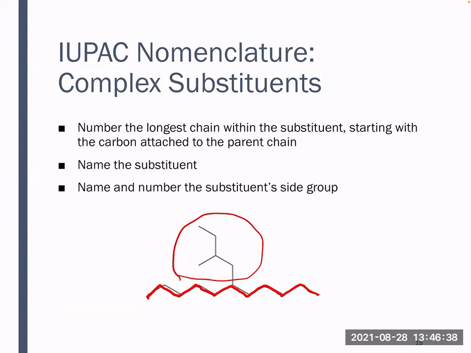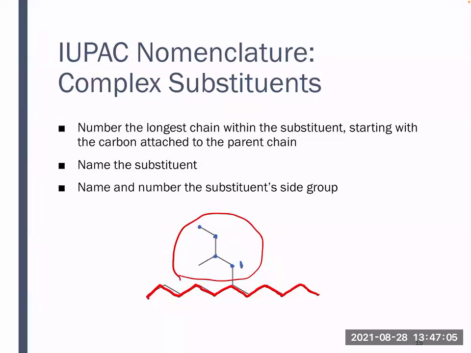try to name it. So what you do is you name and number the substituent side group. So let me show you what I mean. We have to number this, and we're going to look at the substituent and again, find the parent chain of the substituent. So here, that's these 4 carbons, right? And what you need to do is you need to number that.